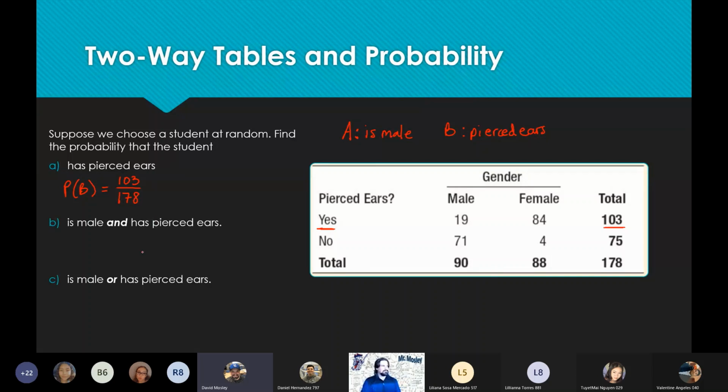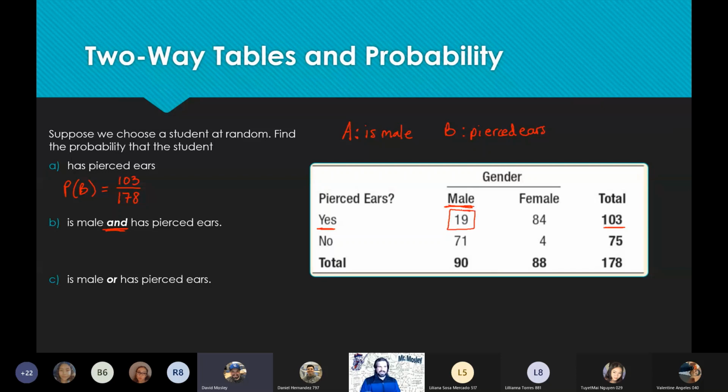103 out of 178. Part B is now, is male and has pierced ears. So I'm going to look at male. I'm looking in this column. And yes, pierced ears.